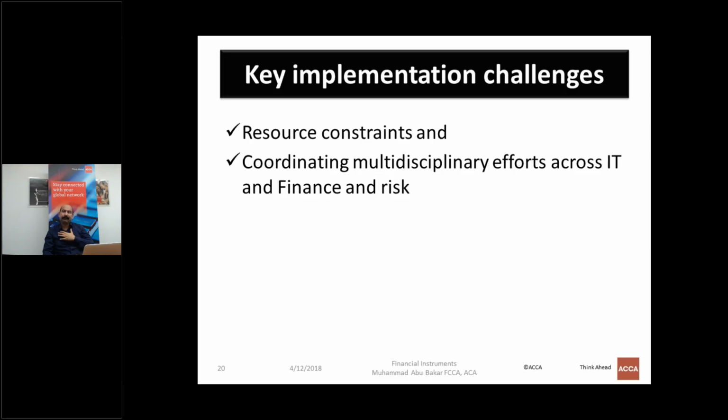Or if you are applying the general approach, right at the initial recognition, your asset is in stage 1. This means at least 12 months expected credit losses will have to be incorporated in the value of your asset, in the form of loss allowance for credit losses, and then subsequently you have to be vigilant about deterioration in the credit risk.